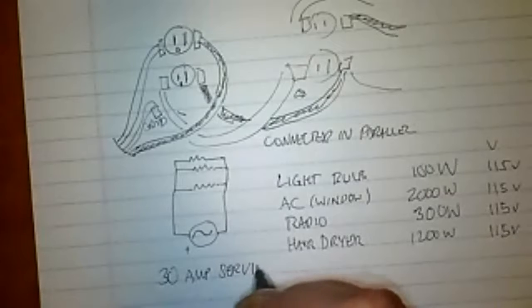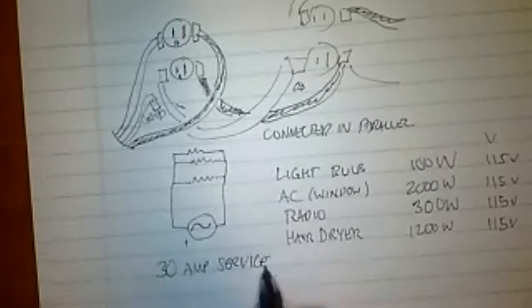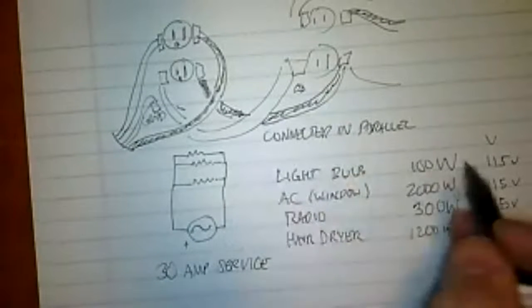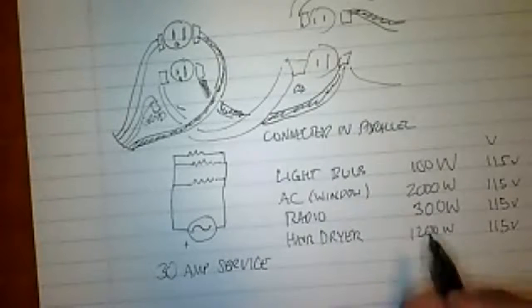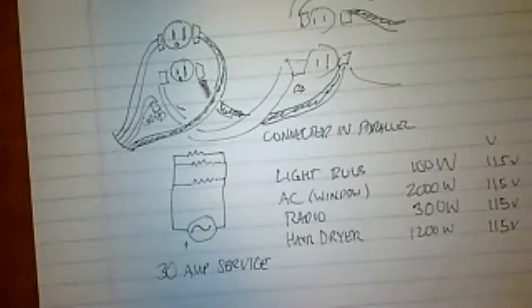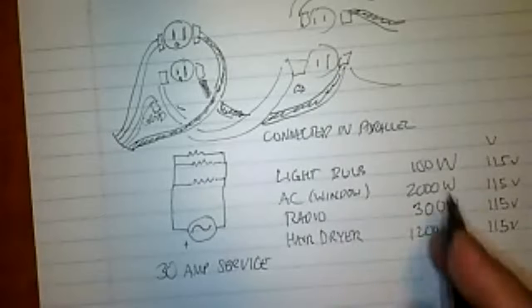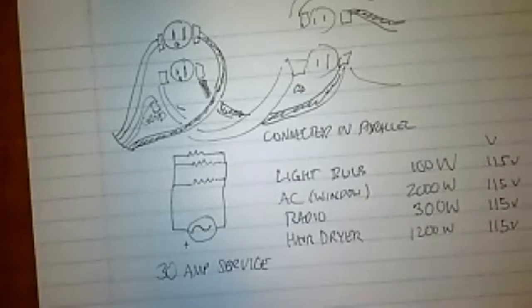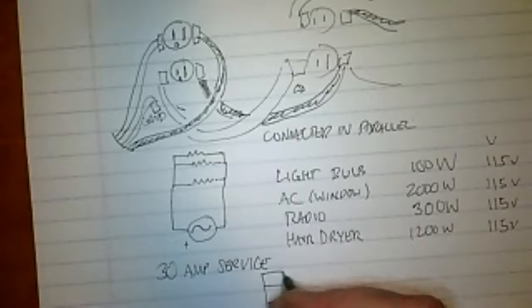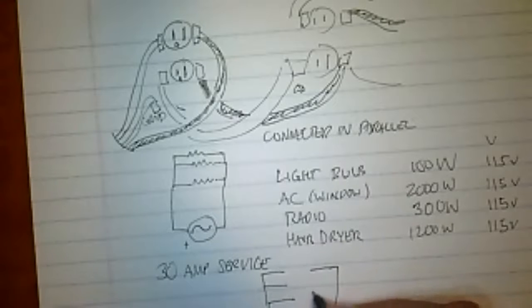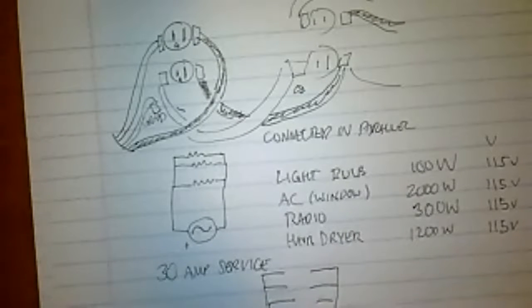In other words, we used a wire that's capable of holding 30 amps to connect all the receptacles that these things are plugged into. So what we have now is 4 items that are in parallel with 115 volts, like so. And what we've got to figure out is what the current is.